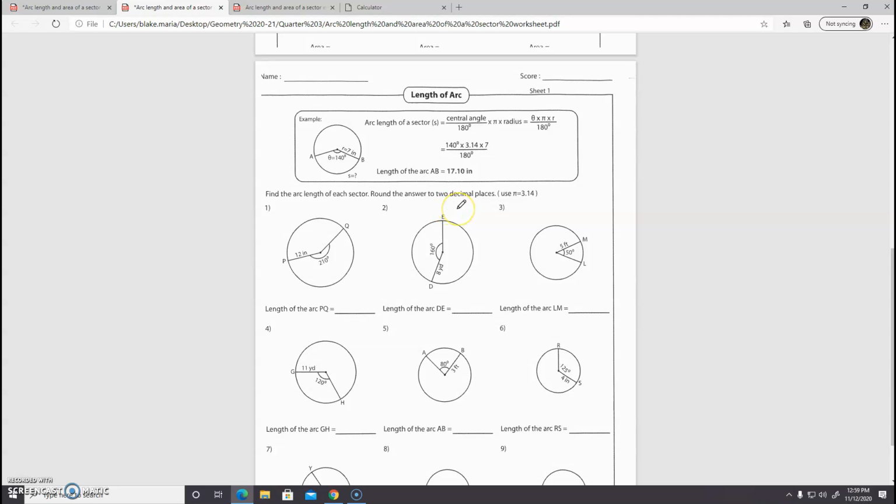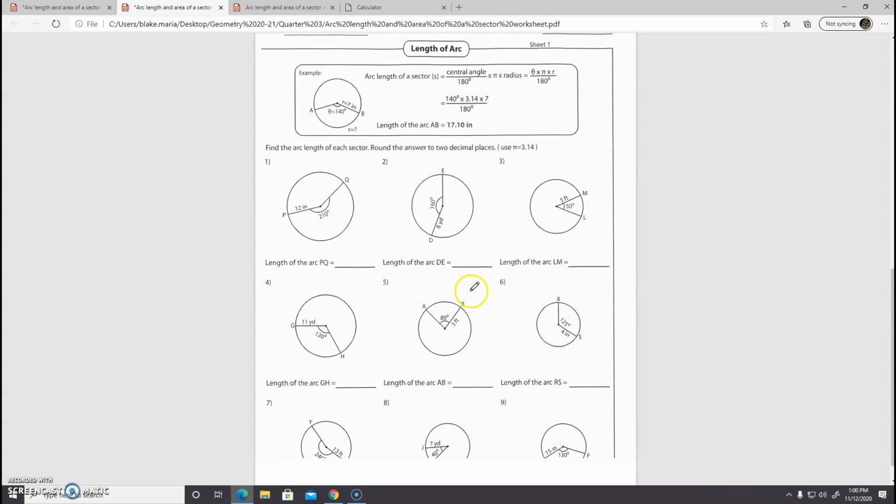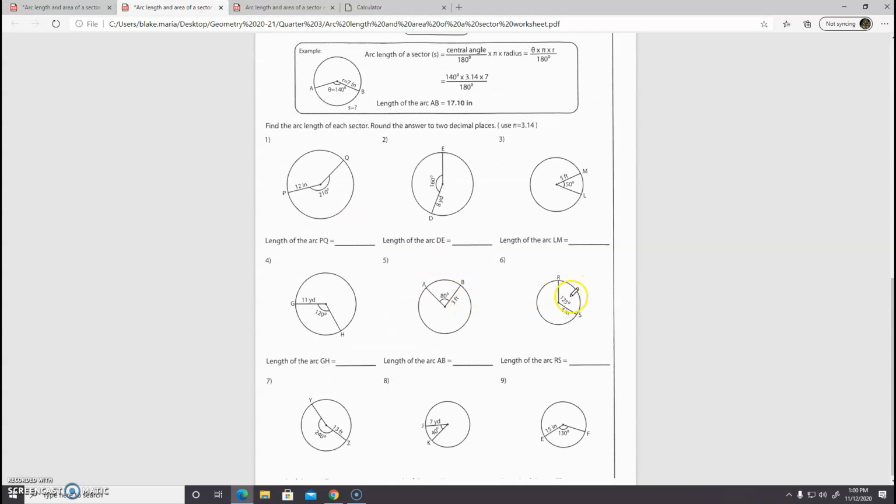Arc length, same concept. We want the length from P to Q. And they give you that 210. Use it, 210 out of 360, and then use your circumference, 2 pi r. So go wherever here, use the 125 for RS.